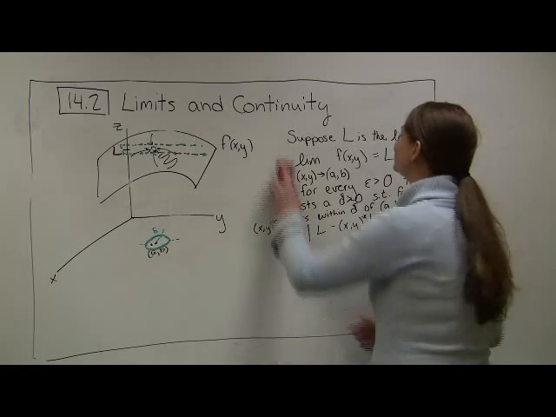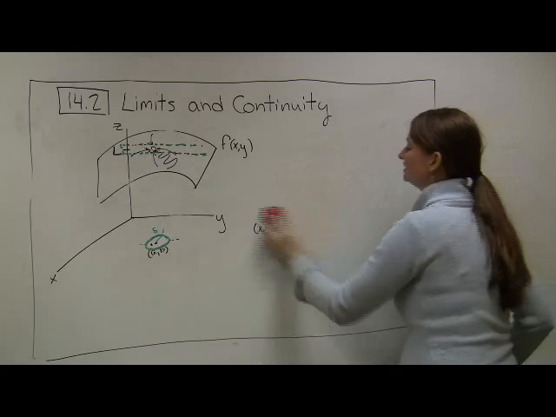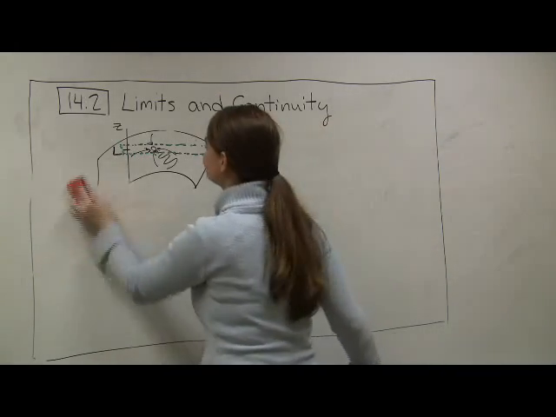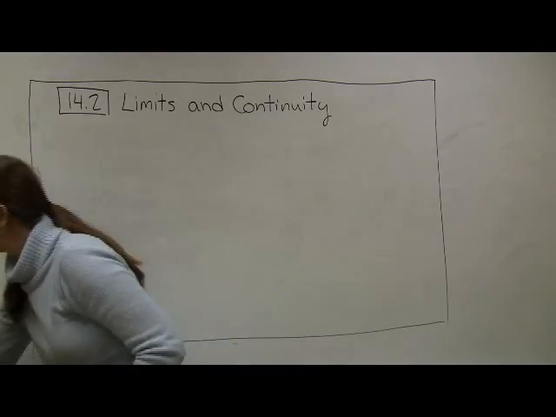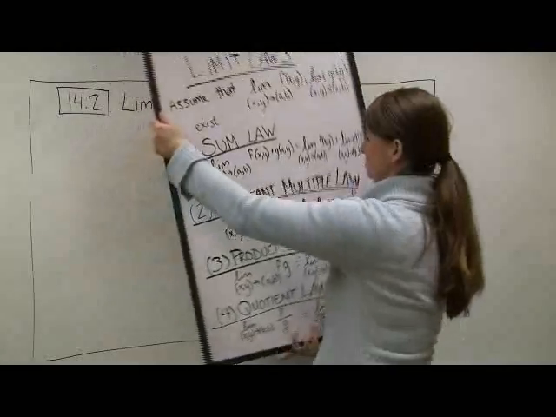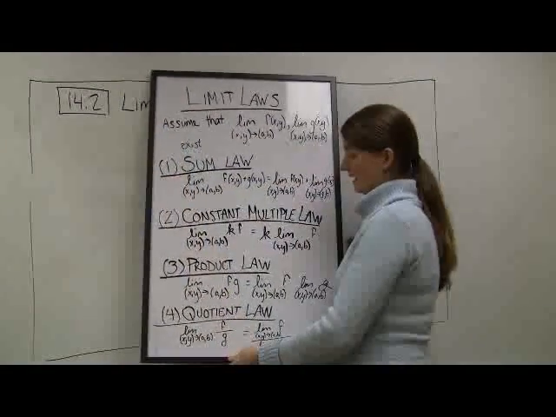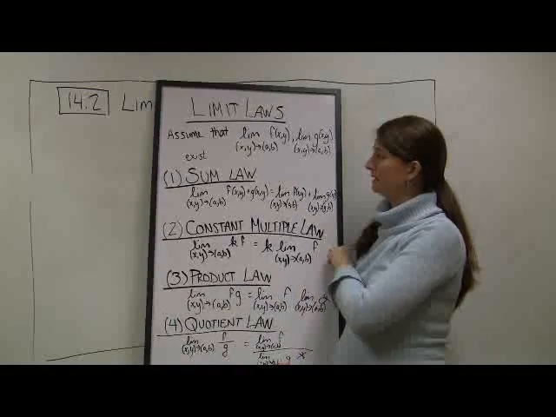Let's step away from theory and talk about what are some properties of limits, and then move into continuity and calculating limits. So properties of limits, I have conveniently already written out for us as limit laws on this board because I didn't want to write them all out. The reason why is they're all exactly what you think that they might be.